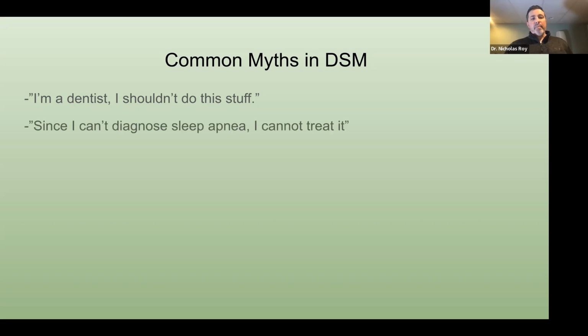Another common myth, well, since I can't diagnose sleep apnea, I cannot treat it. This is incorrect, and I'm going to use a little analogy to hopefully paint this picture. If you're a pharmacist and a patient who has a diagnosis shows up with a prescription, does the pharmacist, or yourself being the pharmacist in this example, say to yourself, well, I can't fill your prescription because I didn't provide the diagnosis? Well, that's not necessarily true.